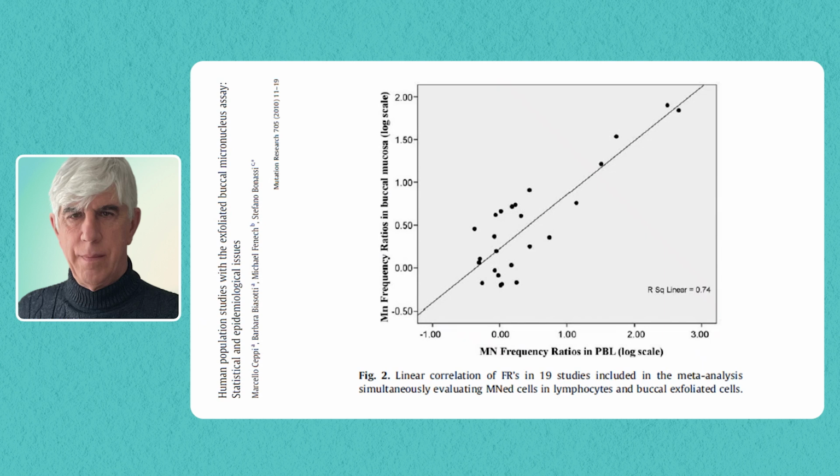For instance, talking about the lymphocytes or micronuclei, a few years ago, 2010, I believe, a lot of years ago, we did this study and we compared a few studies measuring the same group, micronuclei in exfoliated cells, epithelial cells, and in lymphocytes.